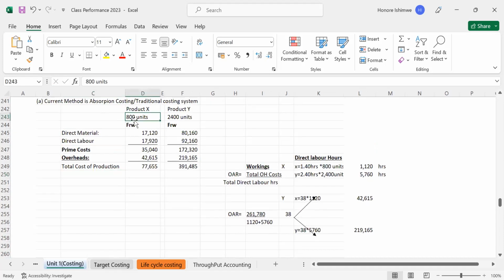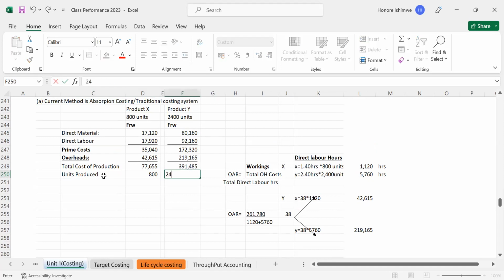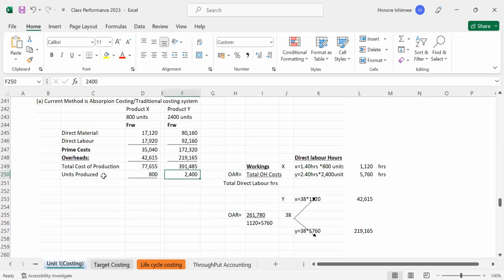Remember, they produce 800 units and 2,400 units. So the units produced, they expected to produce this 800, here it is 2,400. Is it okay? Now let's have our unit cost.